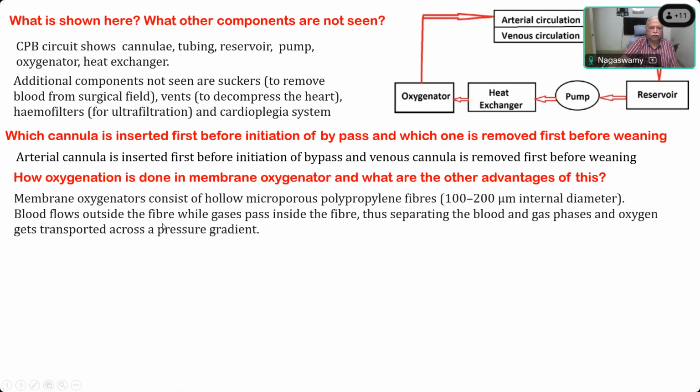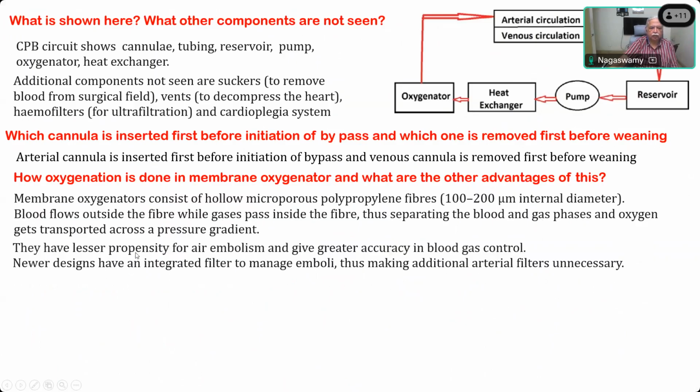Blood flows outside the fiber while gas passes inside the fiber, thus separating blood and gas phases, and oxygen gets transported across a pressure gradient. Okay? They have lesser propensity for air embolism and give greater accuracy in blood gas control. And there are newer designs which have an integrated filter to manage emboli, thus making additional arterial filters unnecessary.